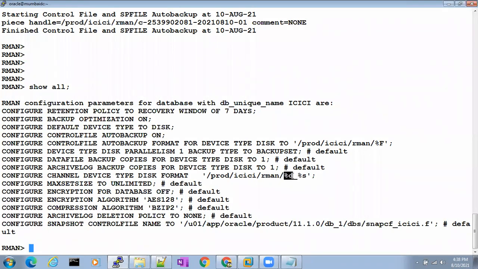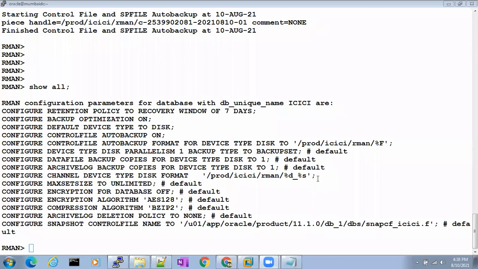I am giving a format. See, I want my backups to be stored in such a format. Listen carefully. So I want my databases to be stored in such a format that I'm able to understand which backup is in which backup piece.